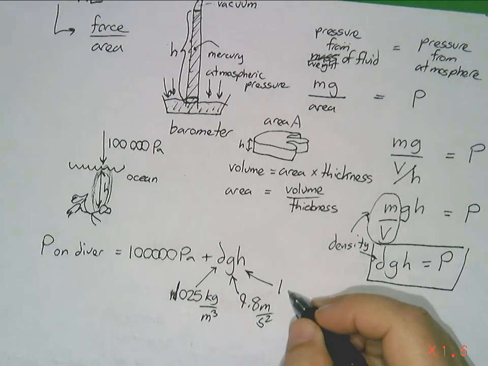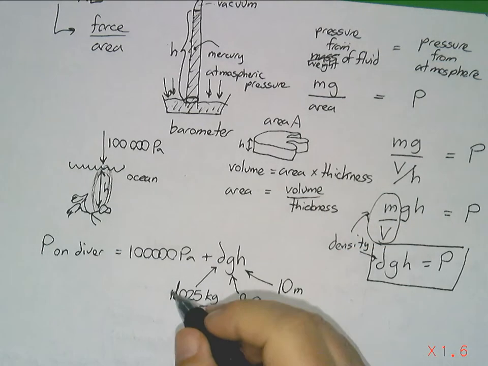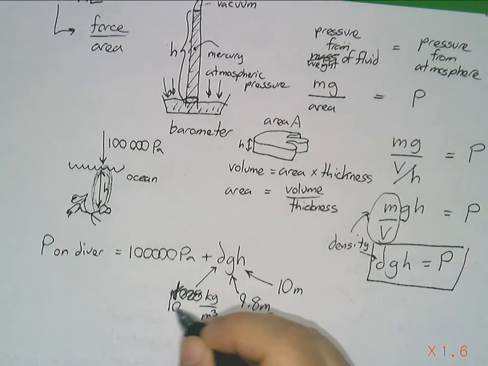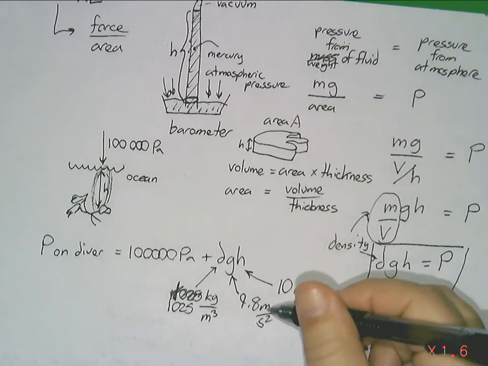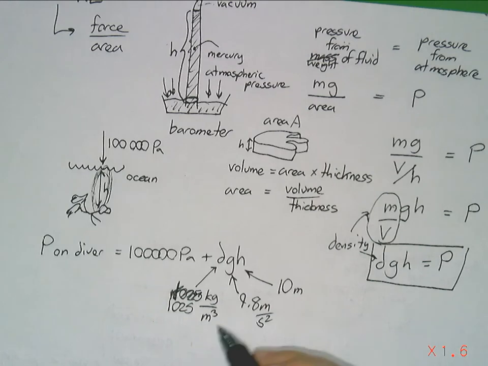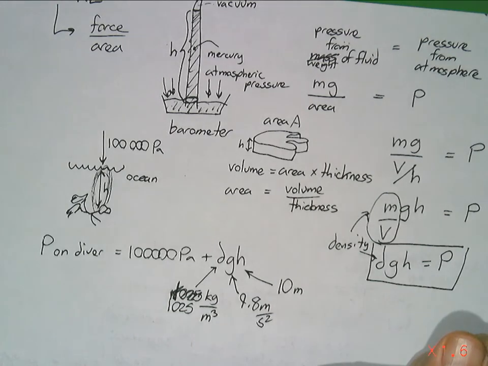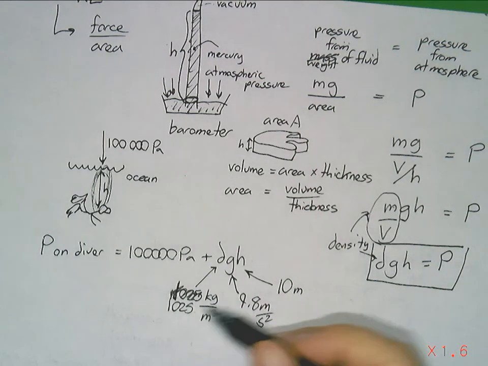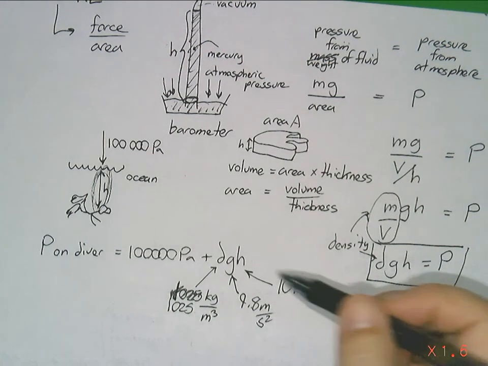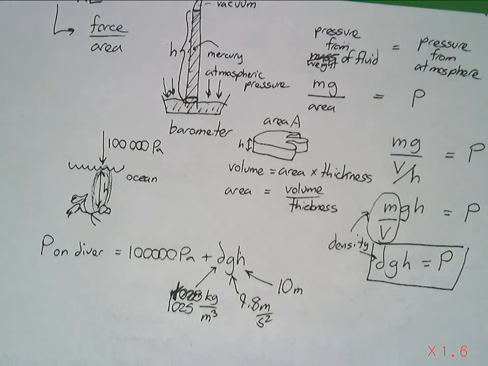Let's say the diver is swimming at a depth of 10 meters. I can multiply 1025 times 9.8 times 10. Since I'm using all SI units here, I'm going to get pascals for that second term. So I can just take 1025 times 9.8 times 10 in pascals plus 100,000, and that'll give me the pressure that is being exerted on the diver.